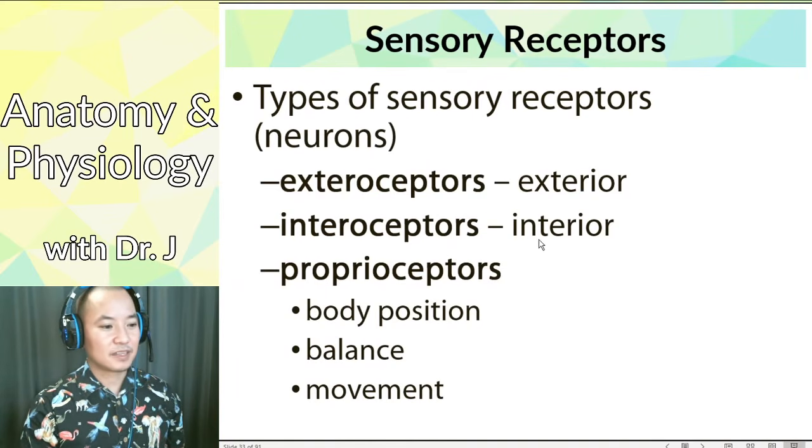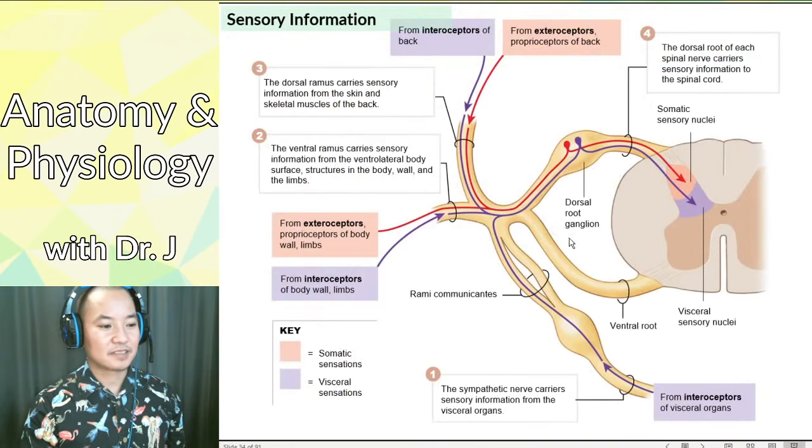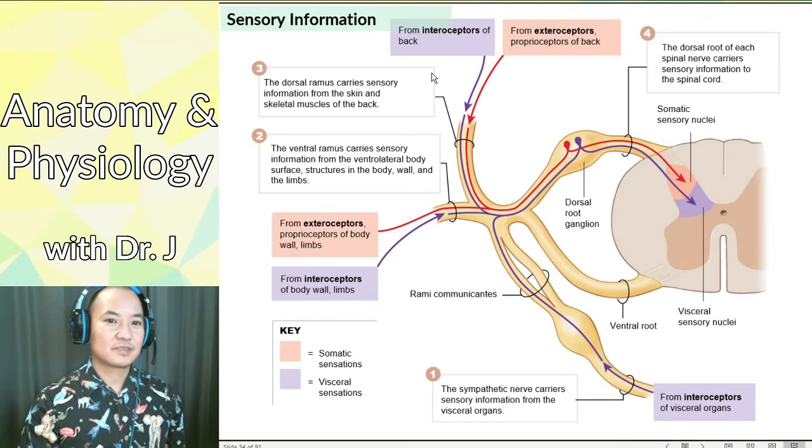Now, let's rewind a bit and get back to exteroreceptors and interoreceptors. Remember, these are all sensory, so they're all detecting things from either outside or inside of your body and carrying it toward your central nervous system. Remember that mnemonic when I said sensory, afferent, dorsal? So we have interoreceptors and exteroreceptors, and look where they're all leading.